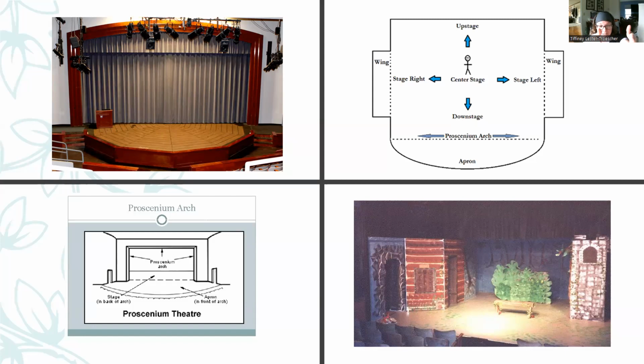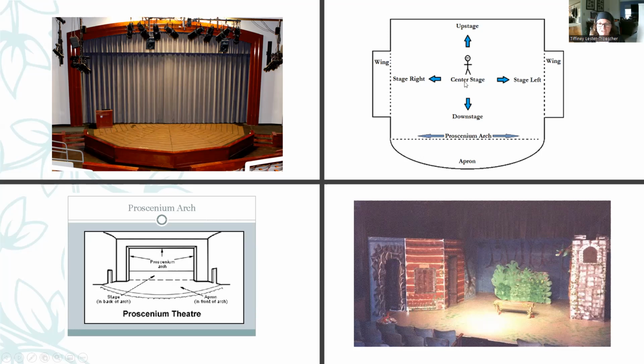Like it's directing your gaze there, right? When the curtain is down, it's almost like the movie screen is blank or the TV screen is blank, right? And this area here that comes forward, that we can still see even when the curtain's down, that's the apron, right?